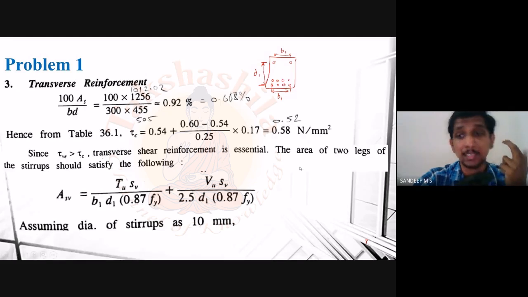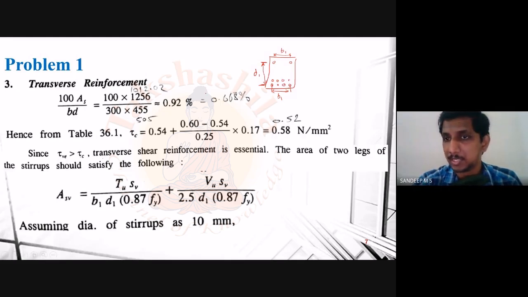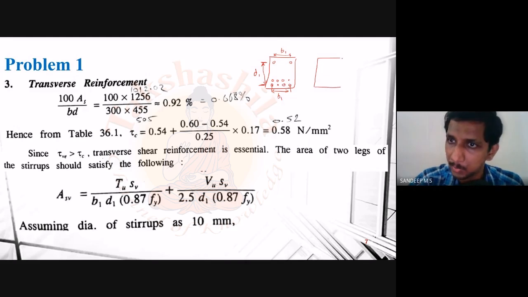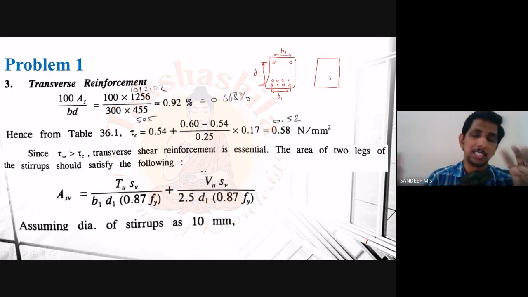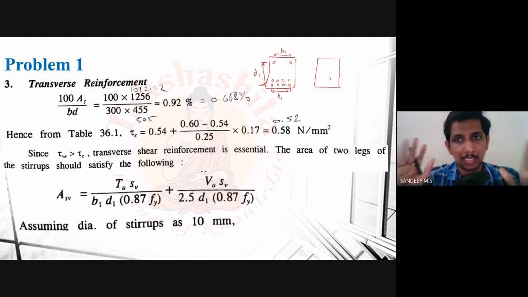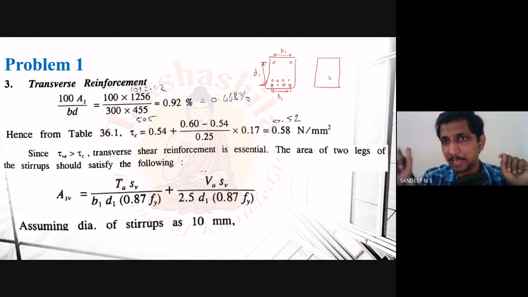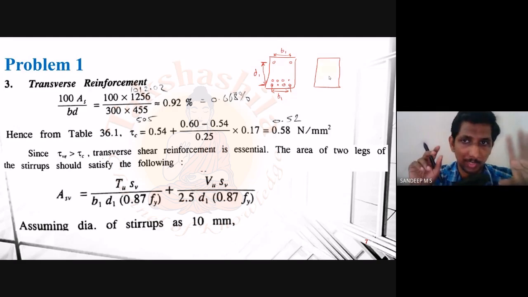Yes. So when you consider a cross section, say you will be considering a section for the design, the question is how to take the value of B1 and D1. The first thing you have to understand is that when you consider torsion, you should have at least one reinforcement in every corner. We will be providing transverse reinforcement for prevention of torsion, and we will utilize the longitudinal bars.